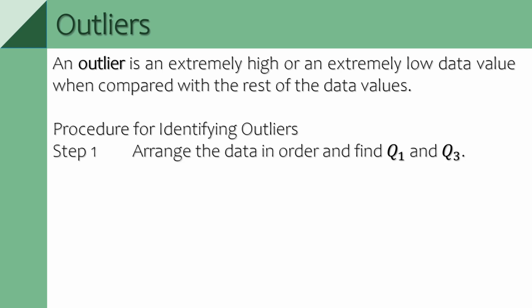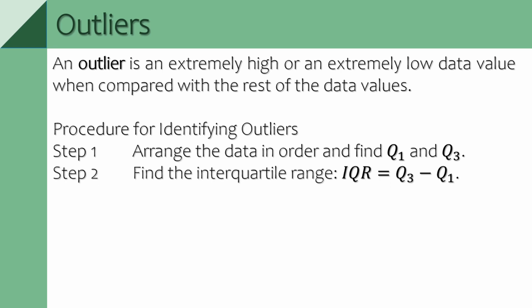Okay, first, arrange the data in order and find the first quartile and then the third quartile. Okay, find the interquartile range. The interquartile range is equal to the third quartile minus the first quartile. Okay, multiply the interquartile range by 1.5.